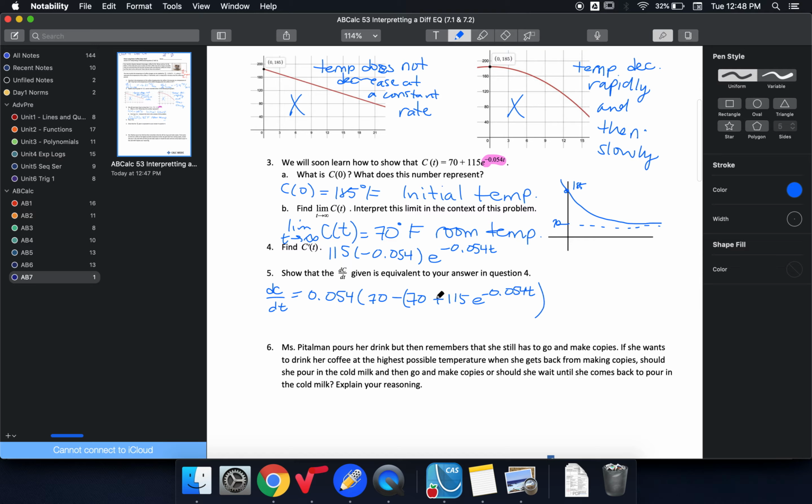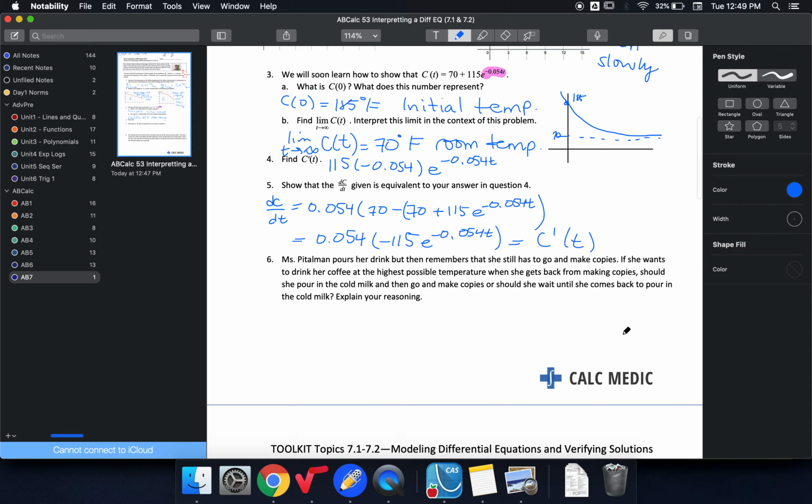My negative would get distributed, but if I rearranged it, I've got the same thing. So that's going to be equal to 0.054 times negative 115 e to the negative 0.054t, which is equal to C prime of t. So this derivative is in terms of t. The top one that we were given is a proportion of C.